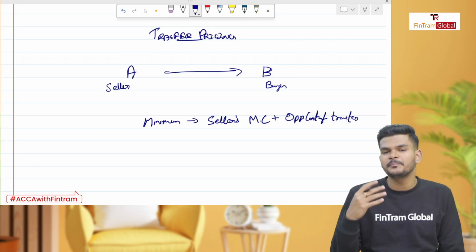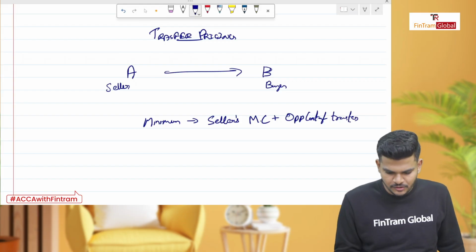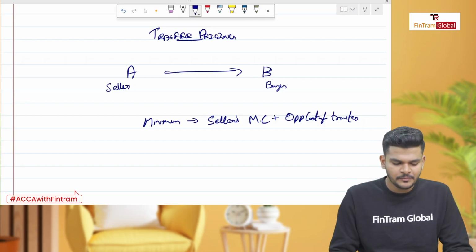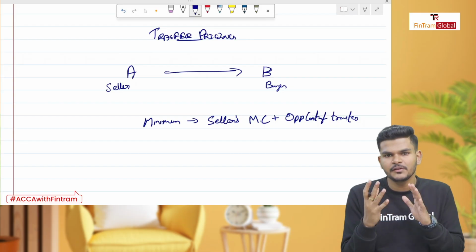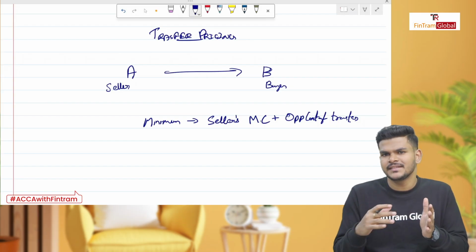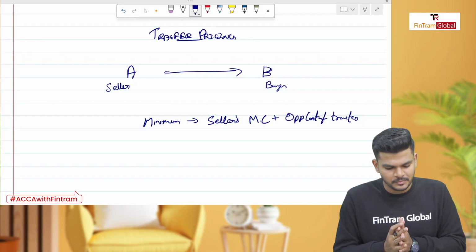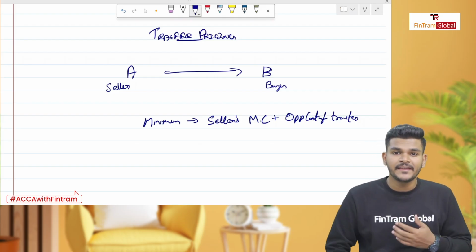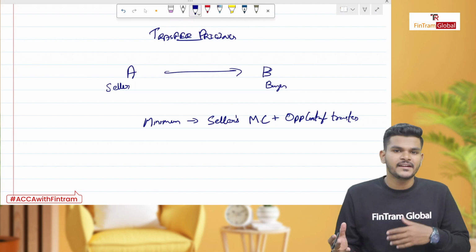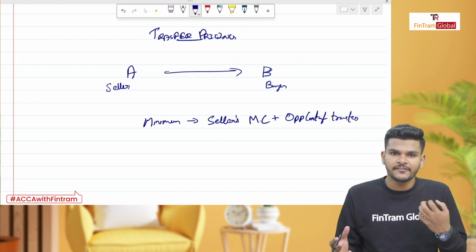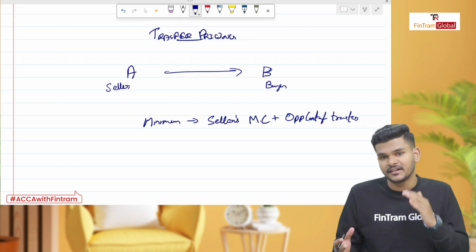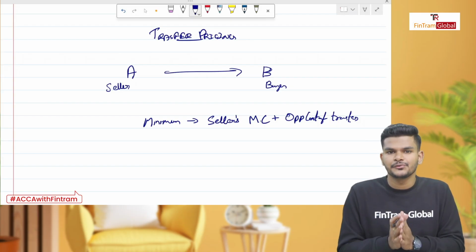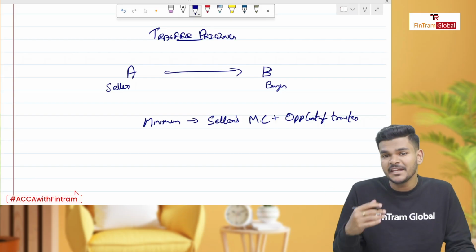Okay, folks, seller's marginal cost plus opportunity cost of transfer. This should be my minimum transfer price. Why do I say that? Because of course the seller needs to look at their variable costs and everything, right? And fixed cost, that can be apportioned to some of the other products which they are probably selling, right? And if there is any opportunity cost, for example, if by selling it to B they are sacrificing, let's say, revenue which would have been received by selling externally, then that can be considered to be an opportunity cost, right? So that particular amount can also be added to the transfer price. So this will be my minimum limit, right?